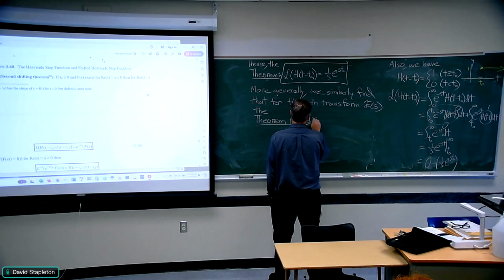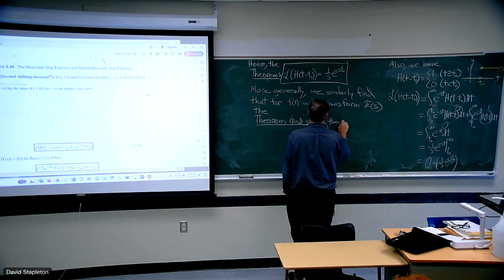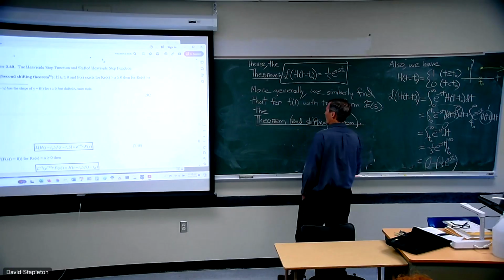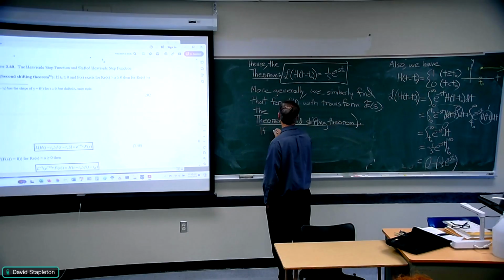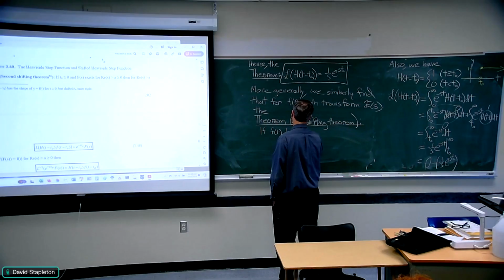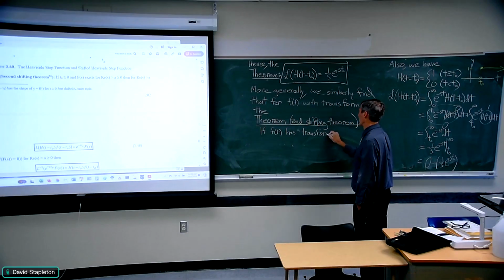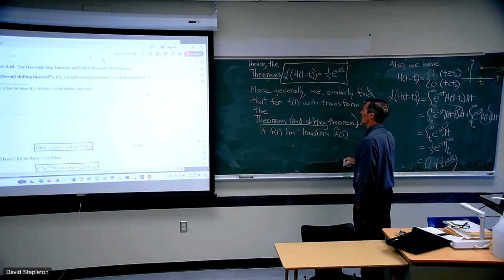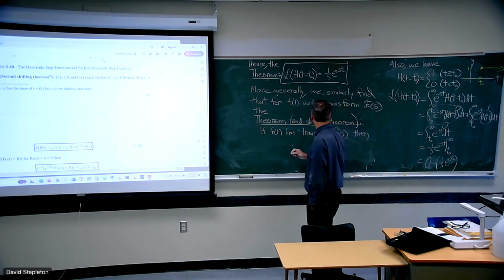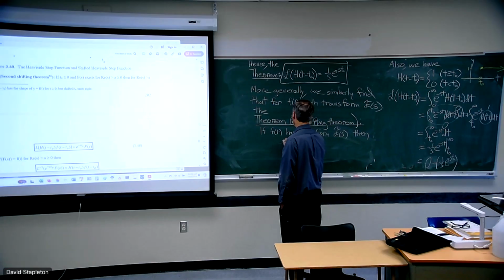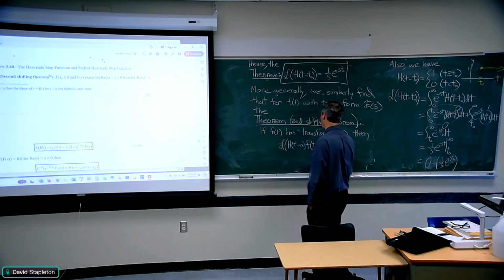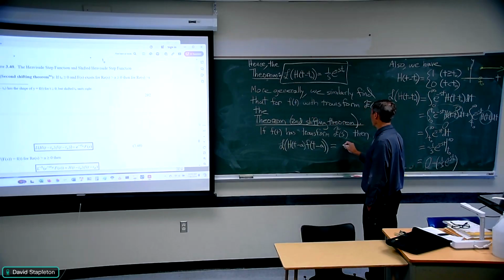Second shifting theorem: if f of t has transform f of s for real part of s greater than some number a, then the transform of h of t minus t naught times f of t minus t naught, so they're both shifted, is equal to e to the minus st naught f of s.